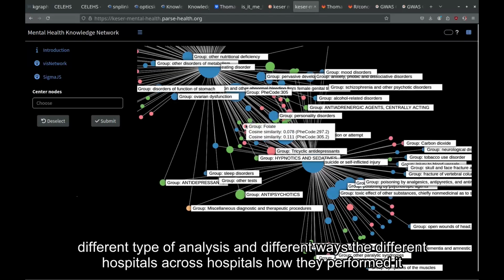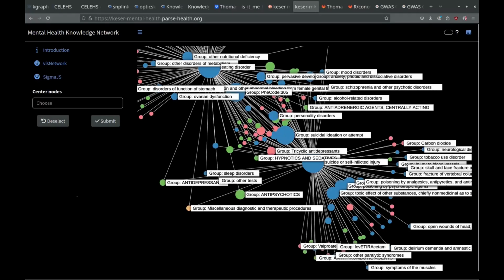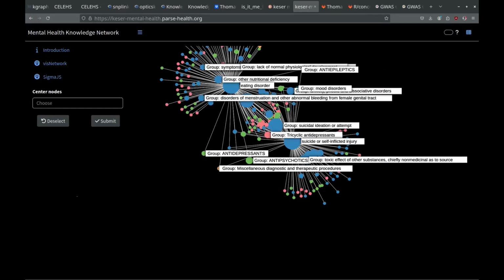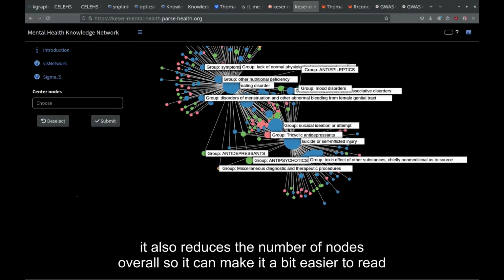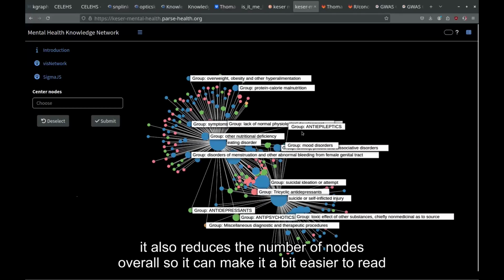We could have one type of analysis and see how different hospitals performed it. It also reduces the number of nodes overall, so it can make it a bit easier to read.